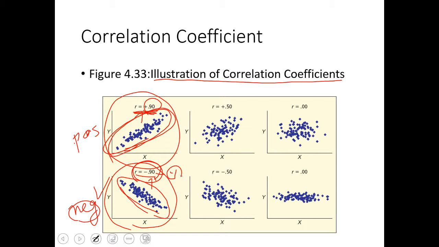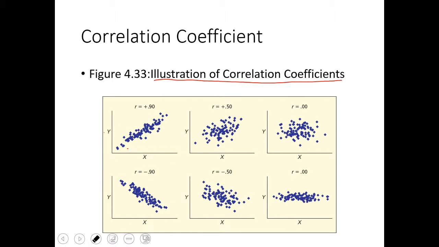But these two data are positively correlated, but this correlation value is not so high. It looks like when x goes up, typically y goes up, but from time to time x goes up but y goes down. And when x goes down, typically y goes down, but from time to time x goes down but y goes up.